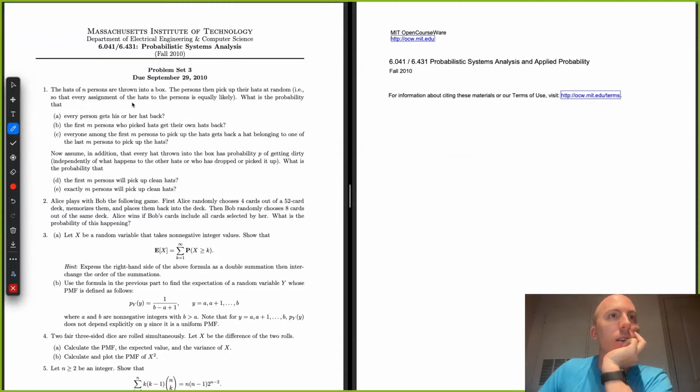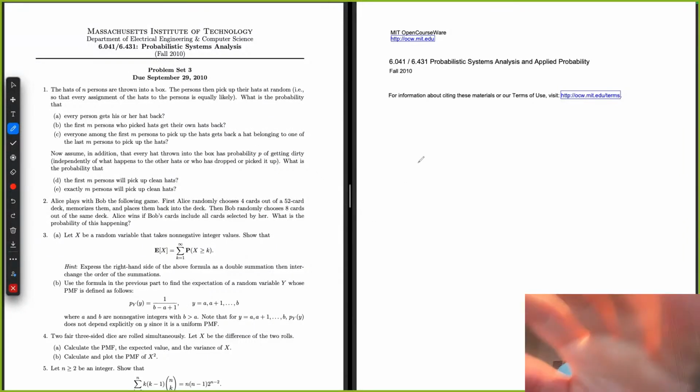So, given that, let's redo question 1 with that understanding. What is the probability that every person gets his or her hat back? Well, let's see.